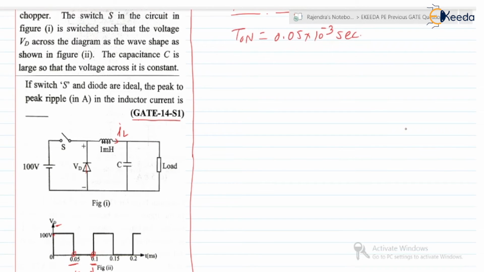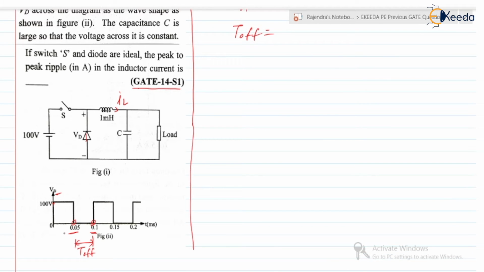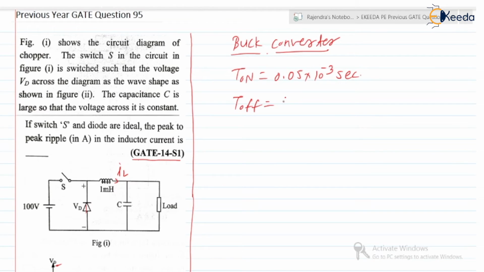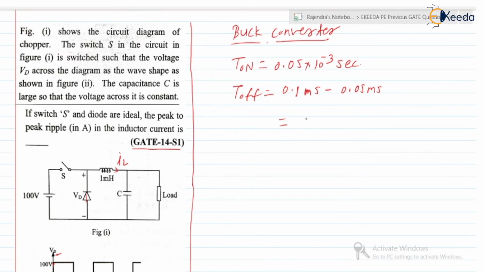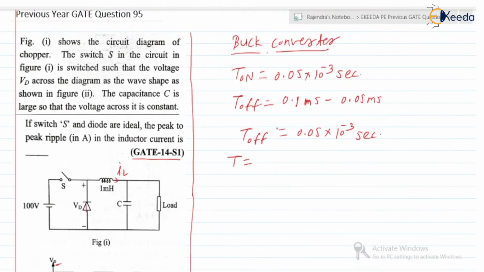So T off is equal to 0.1 millisecond minus 0.05 millisecond, which is 0.05 millisecond, that is 0.05 into 10 to the power minus 3 seconds. This is T off. Therefore the total time T is 0.1 millisecond, that is 0.1 into 10 to the power minus 3 seconds.